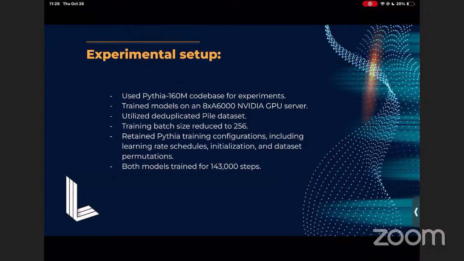The settings of each model are the same as the code base for Pythia 160 million. They use the same learning schedules, same initializations, and so on. And both models, the one with attention sink and the one without, are trained for 143,000 steps. So the next slide.